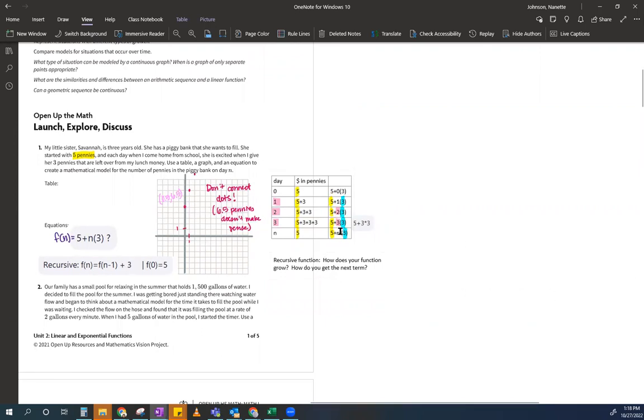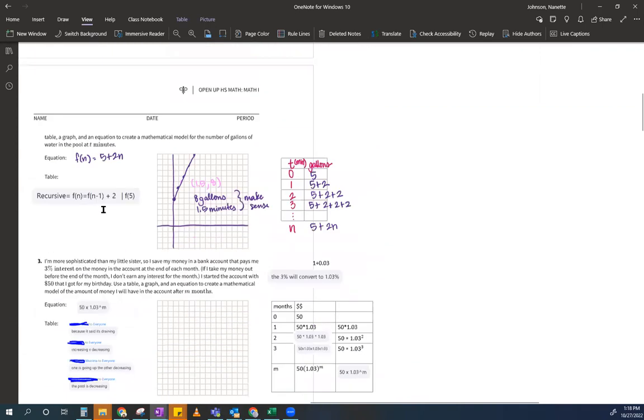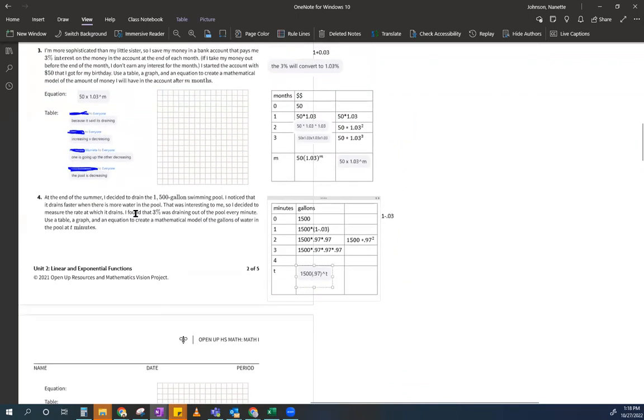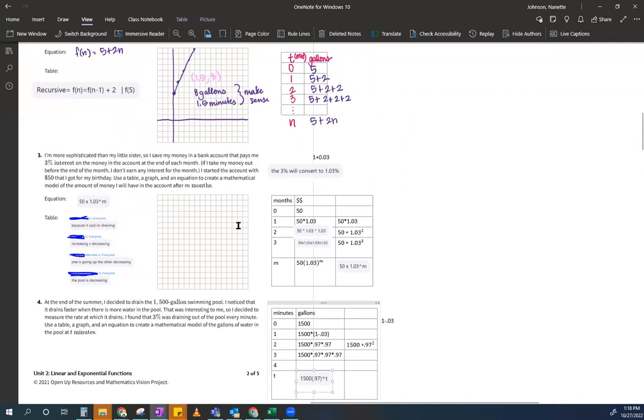So what's the similarity between them? Yes, very good. They're both increasing, meaning my little sister's piggy bank is getting heavier, and over here, my bank account's getting fatter, right? They're both increasing, okay?